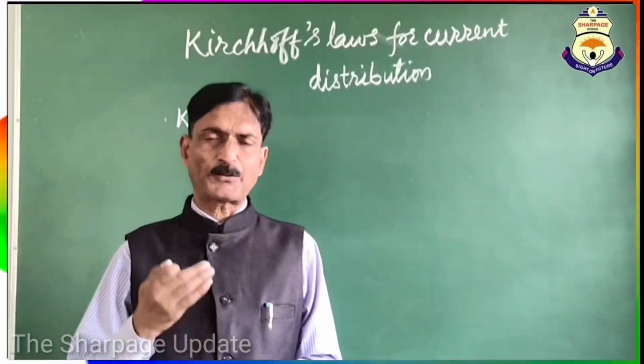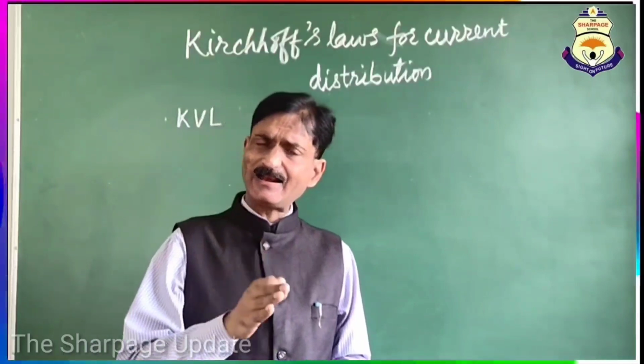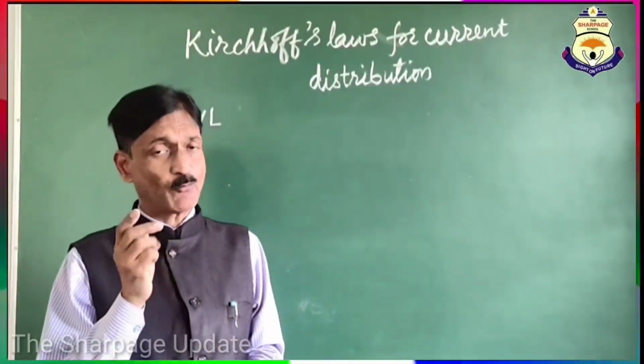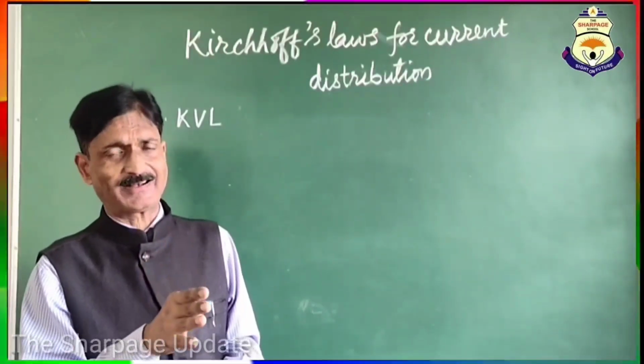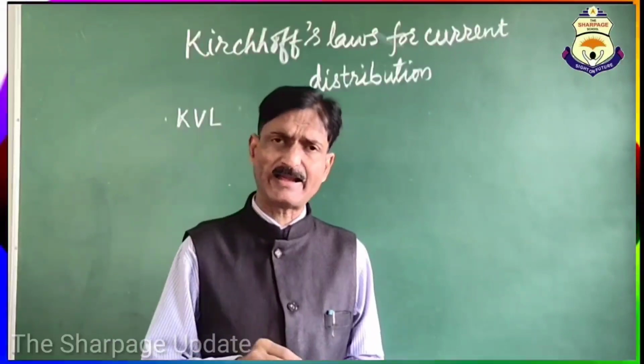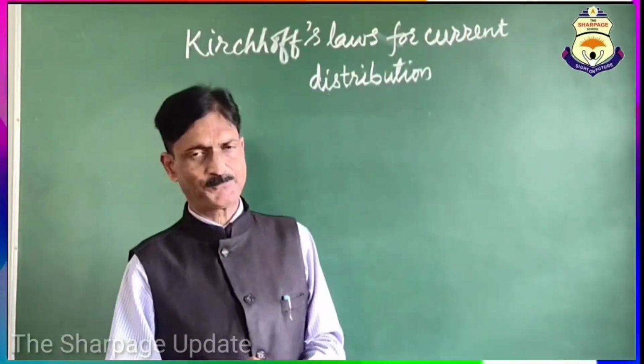The product of current and resistance is taken as positive in the direction of electric current, while it is taken as negative opposite to the direction of electric current.